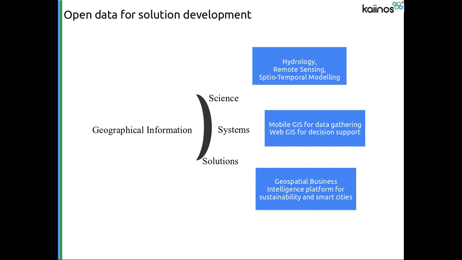If we take geographical information science systems and solutions, science basically is very important in this domain because any solution without science probably will not last long. So we do have teams with good understanding of hydrology, spatiotemporal modeling, or any other such domains.